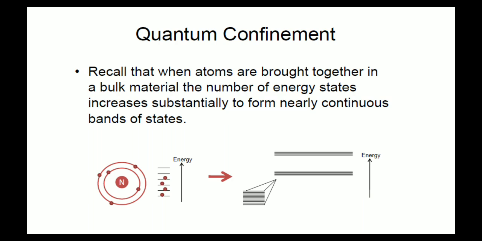Then we have seen that depending upon the dimensions, how many dimensions are present at the nanoscale, there are different types of nanomaterials, and we have seen that there are 4 types of nanomaterials: 3-dimensional, 2-dimensional, 1-dimensional and 0-dimensional.